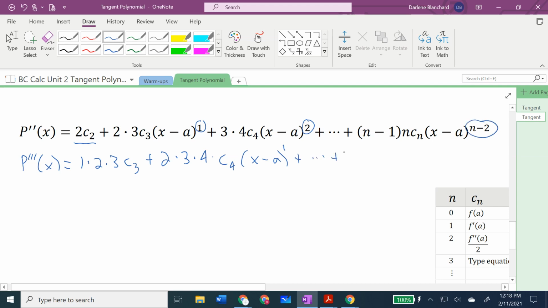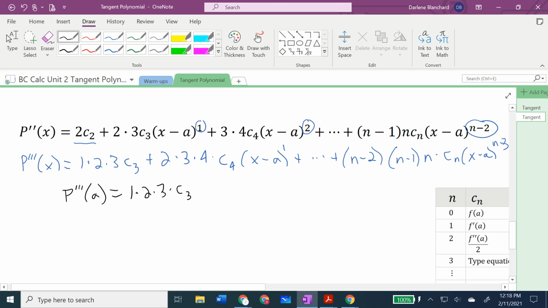And then for the generic term, or the nth degree term, it magically goes down 1. When I plug a into my third derivative, I get just the constant term, which is 1 times 2 times 3 times c sub 3.